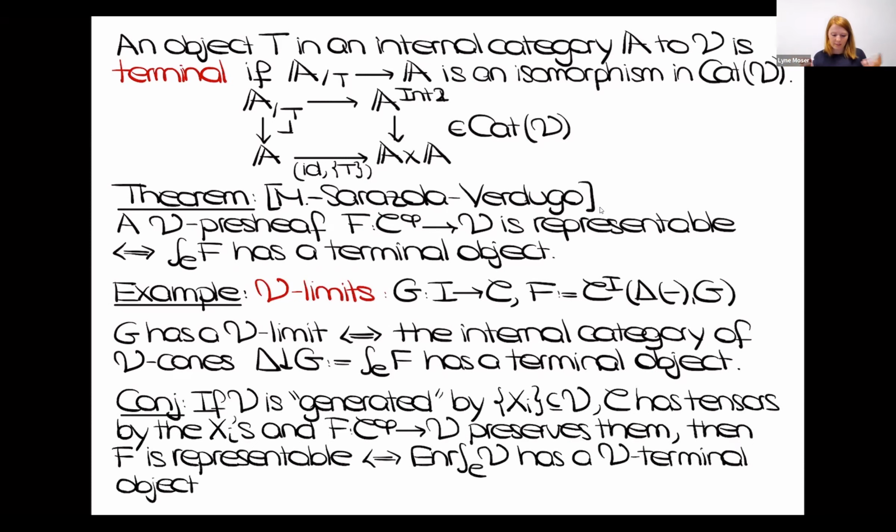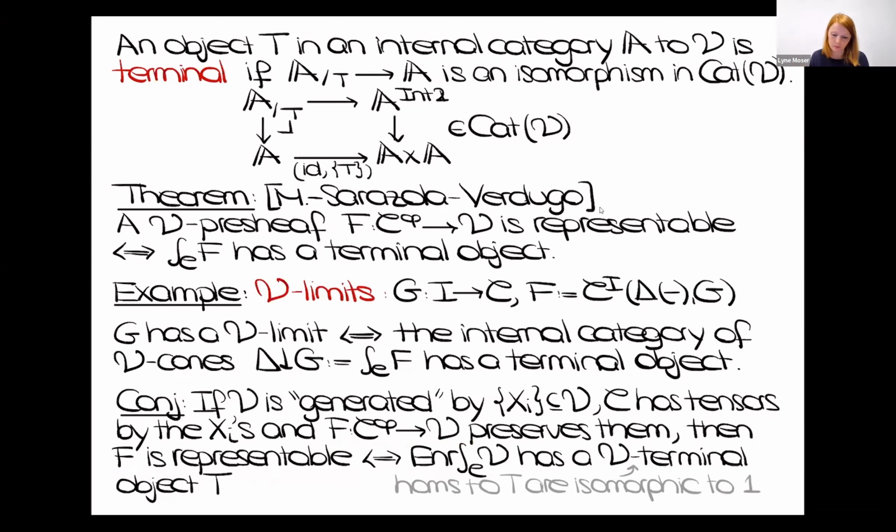My guess is that if V is generated by some objects in V, so for example, in the case of V being categories, it would just be this arrow category, and C has tensors by these objects, and F preserves them, then I guess that F should be representable if and only if the underlying V category of this Grothendieck construction has a V-terminal object. And by V-terminal object here, I mean that all the homs to these objects are isomorphic to the terminal object of V.